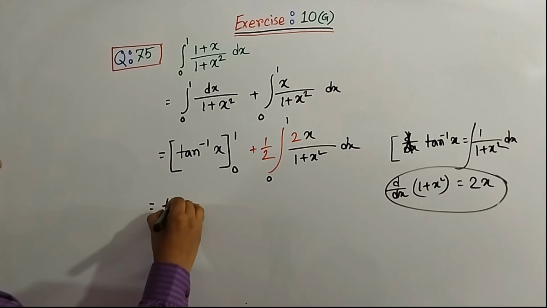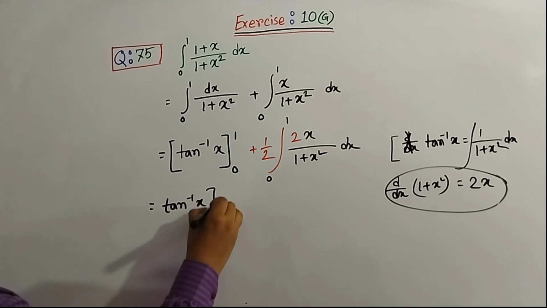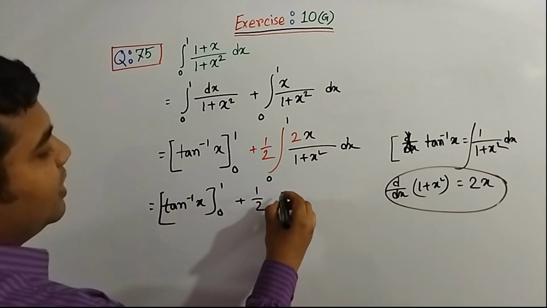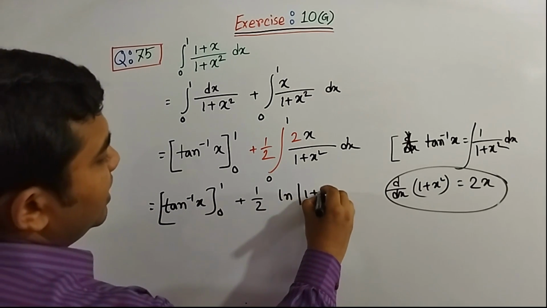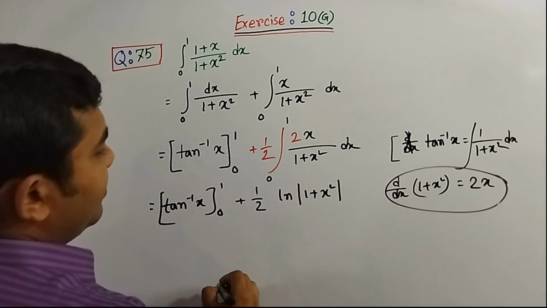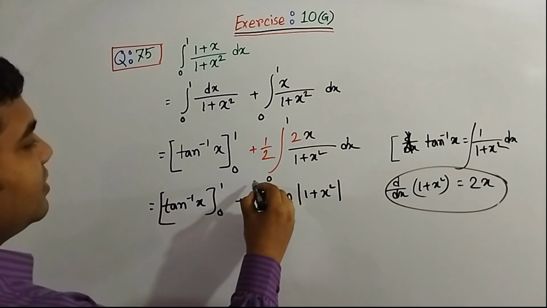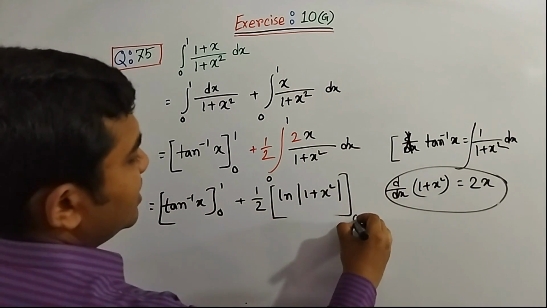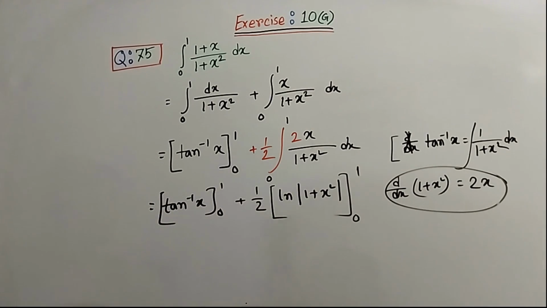So we can write here tan inverse x from 0 to 1 plus half ln of 1 plus x square. And since here was the limiting part, 0 to 1 will remain there.